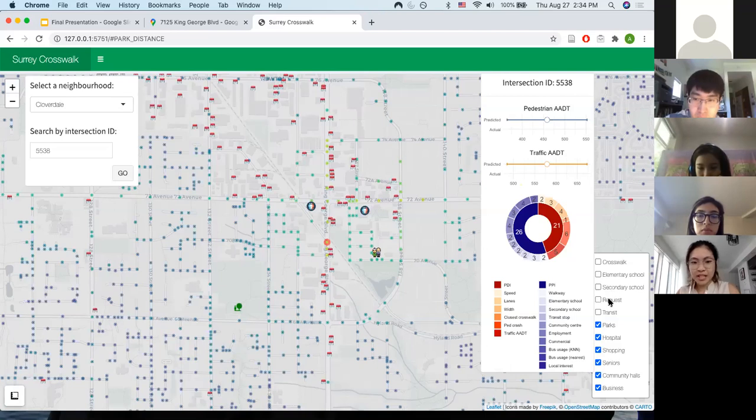You can see any of the requests that the people of Surrey have sent in to build crosswalks, secondary schools, elementary schools, and existing crosswalks as well.